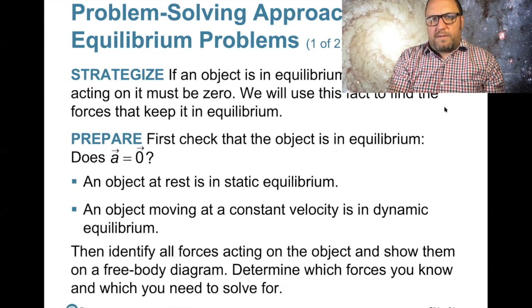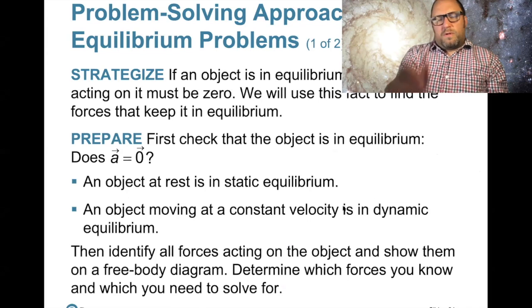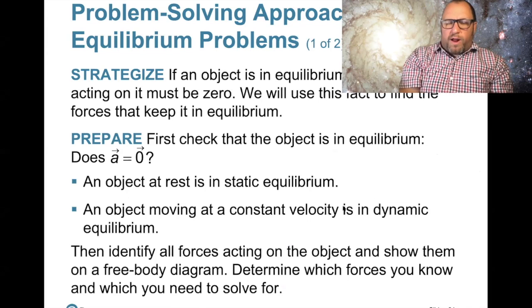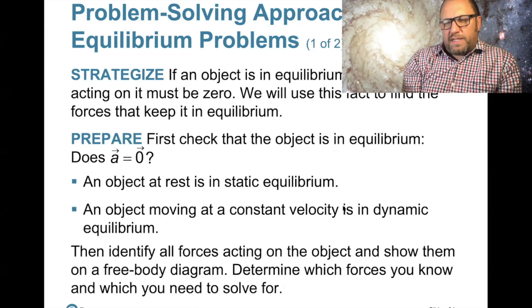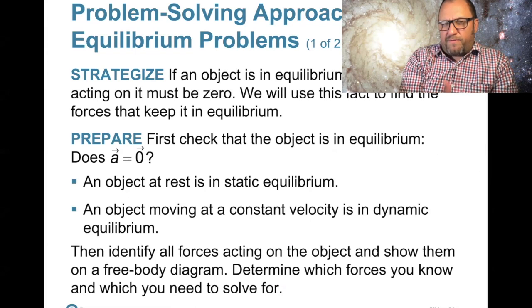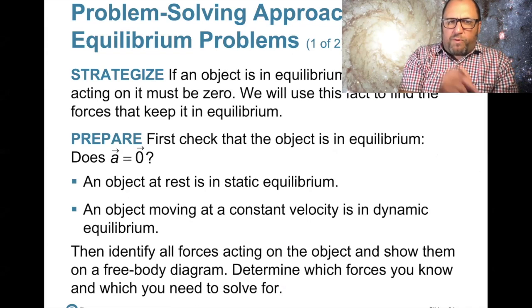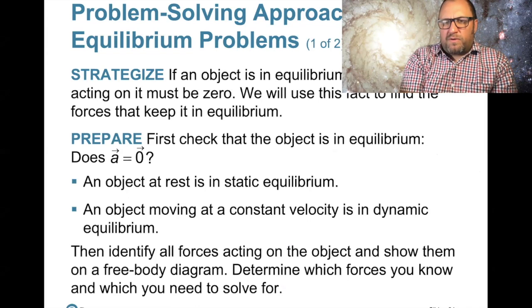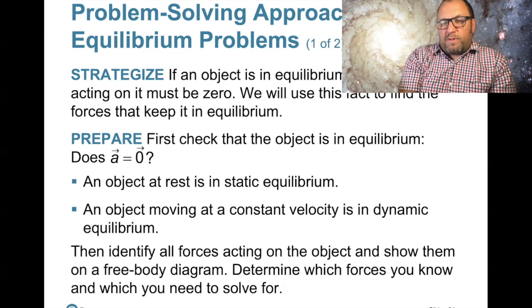All right. So how do we solve these problems? The first thing is always read the problem carefully, because that is usually where people mess up. If an object is in equilibrium, the net force acting on it must be 0. We'll use this fact to find the forces that keep it in equilibrium.